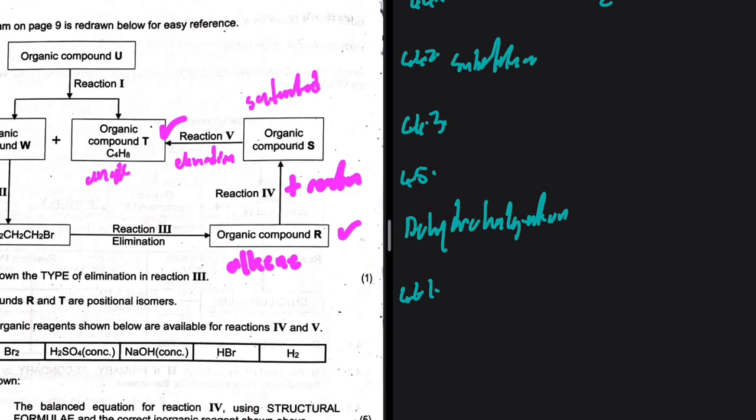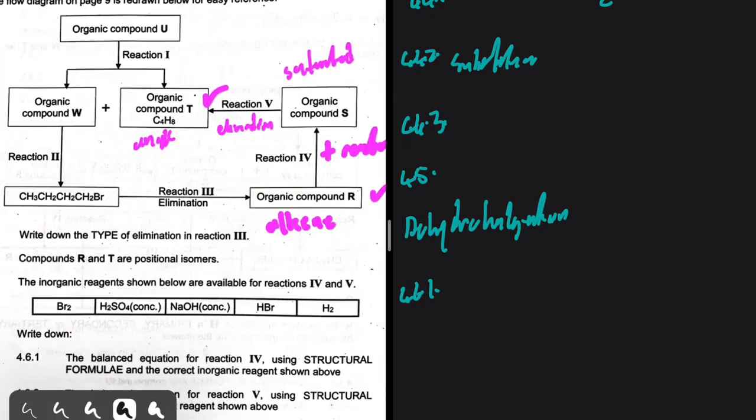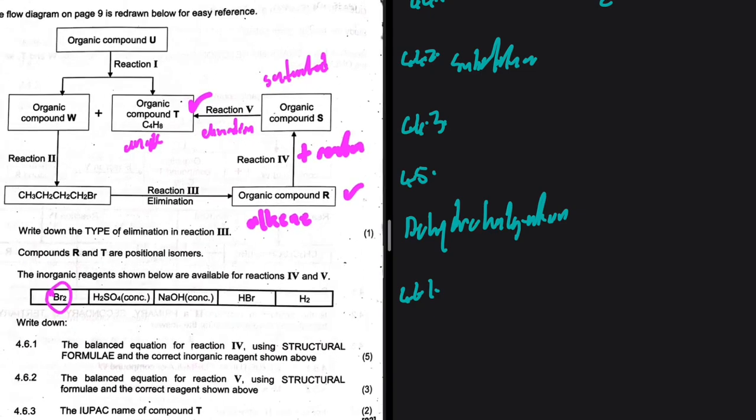So what can we possibly be adding in reaction 4 and what can we be eliminating in reaction 5? Okay, let's play around with the different options we have. So this is Br2. If we add Br2 in reaction 4, we end up with a haloalkane with 2 Br in the chain as branches, right?